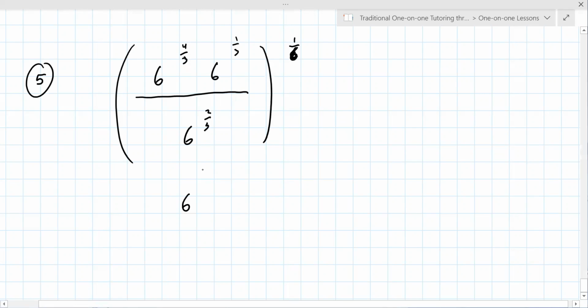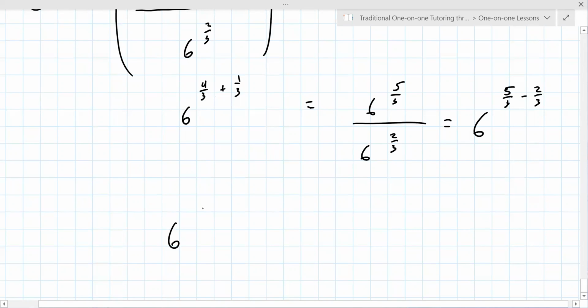Did you add 4/3 plus 1/3? Yes. So that is 6 to the 5/3. Yes. And then the denominator is 6 to the 2/3. So you subtract those, 5/3 minus 2/3, which is, what does that become? That becomes 6 to the 1 power. Yes. And then it was all to the power of 1/6.